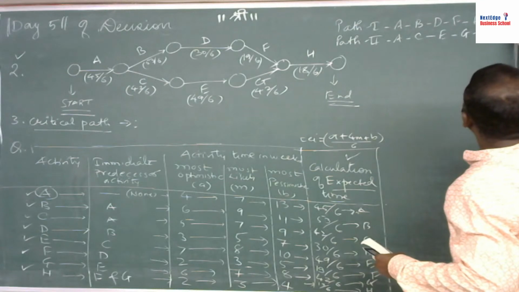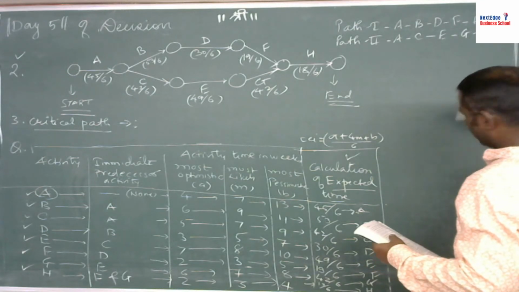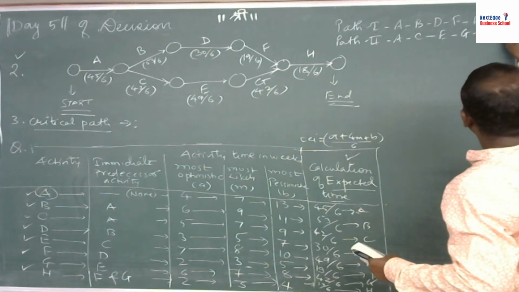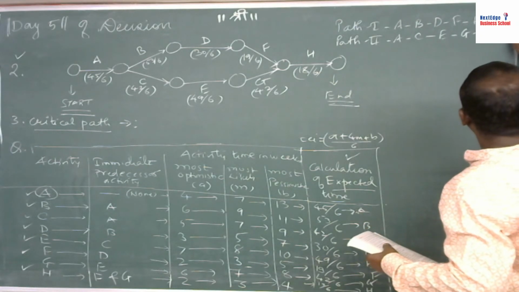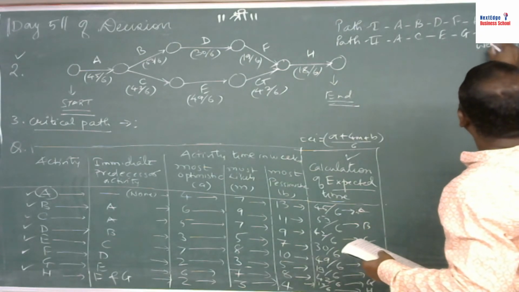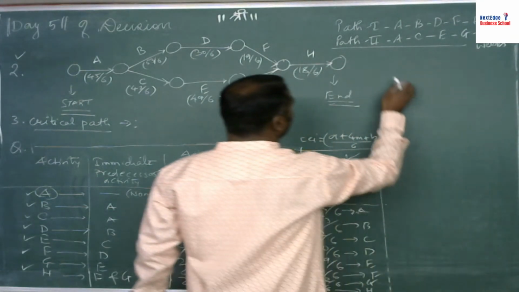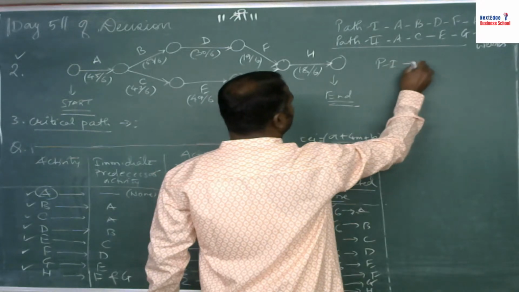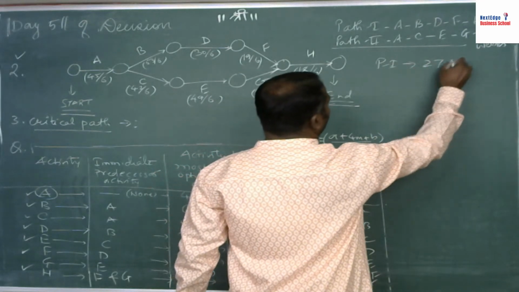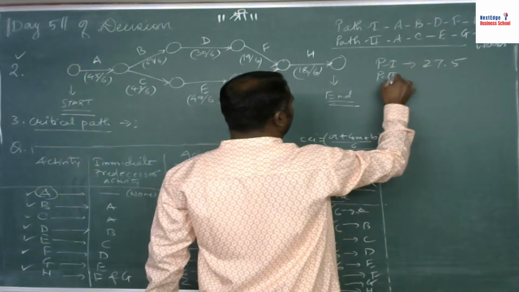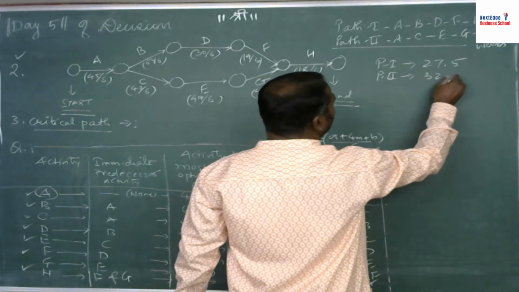The given data is in weeks. For path 2, it is 32.67 weeks. So we have the exact duration required in path 1 and path 2.